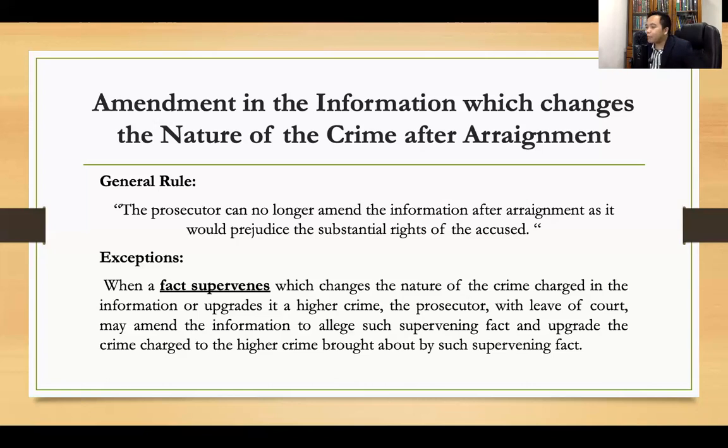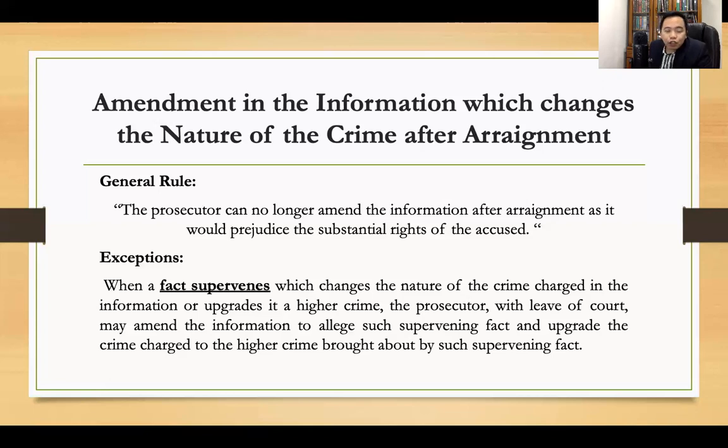So what the policeman filed is a complaint for homicide or attempted homicide. Now, during the course of the trial, because of the adverse condition of the stab wound, B, the victim, dies.